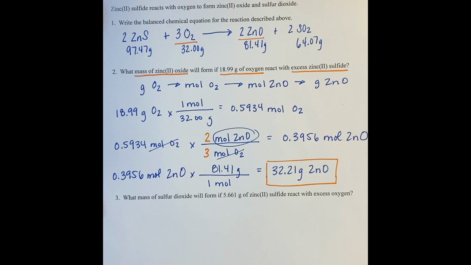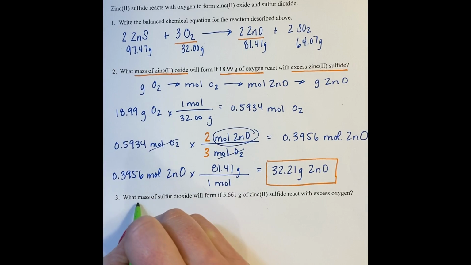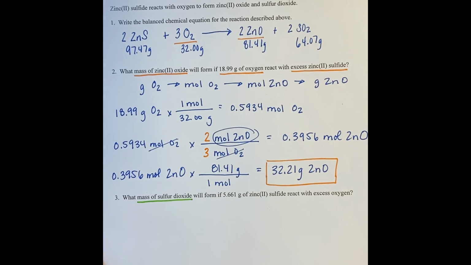Now, if I move on to the next one, question number 3 says, what mass of sulfur dioxide will form if 5.661 grams of zinc sulfide react with excess oxygen? In this case, I'm looking to calculate a mass of sulfur dioxide.